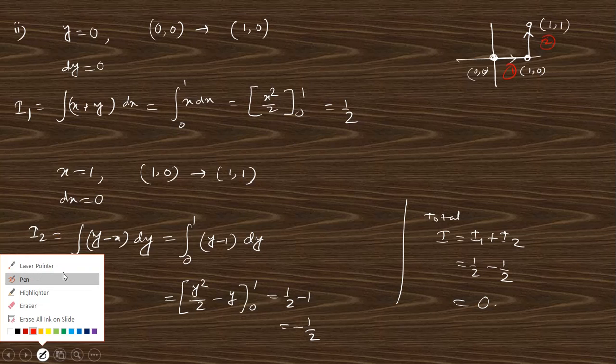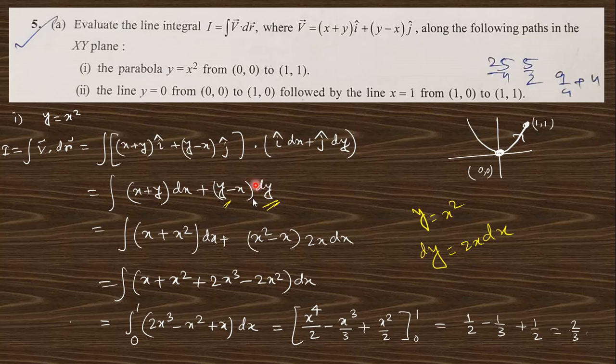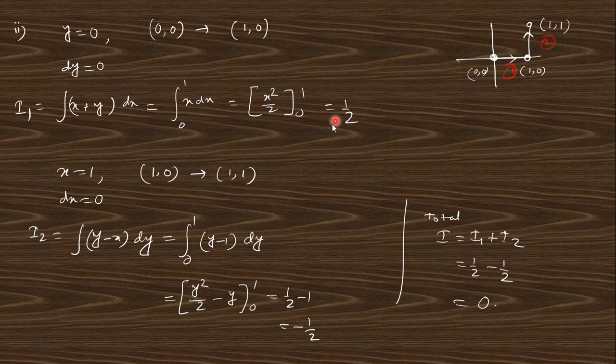Put dy equal to 0 and y equal to 0 in this expression, and you will get x dx, and the integration from 0 to 1 will give half.